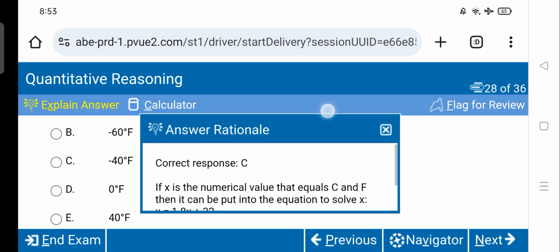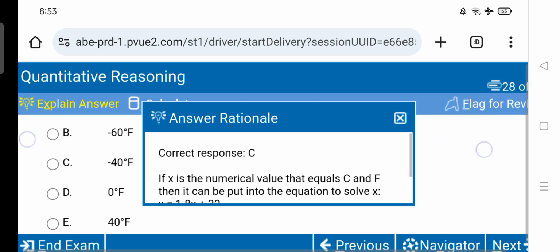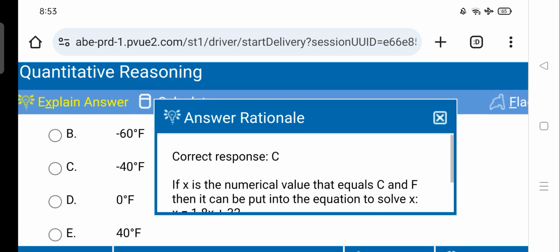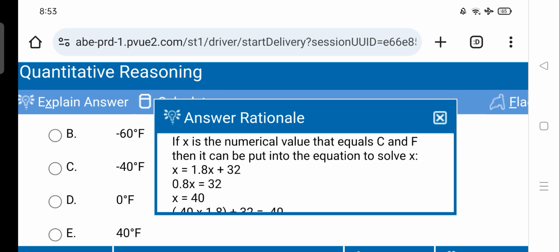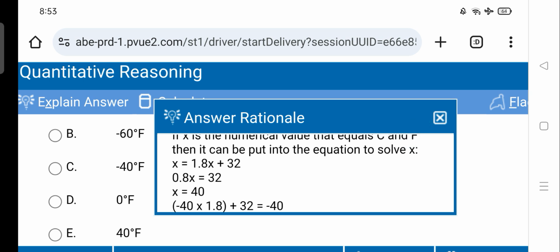So the correct response we have is option C. If x is the numerical value that equals C and F, then it can be put into the equation to solve for x. x equals 1.8x plus 32, which is 0.8x equals minus 32, x equals minus 40.